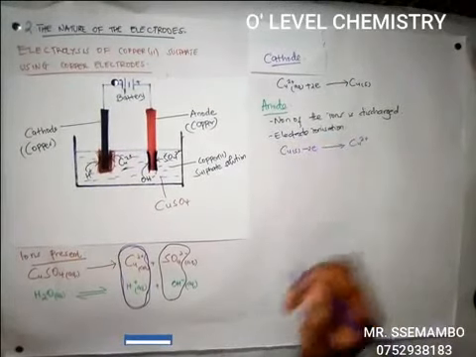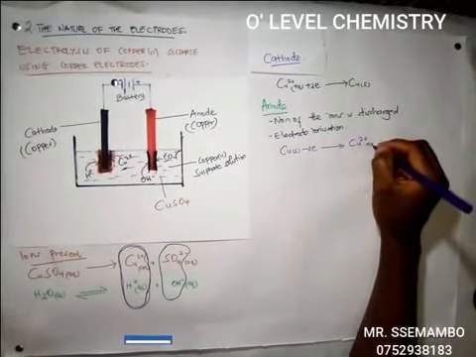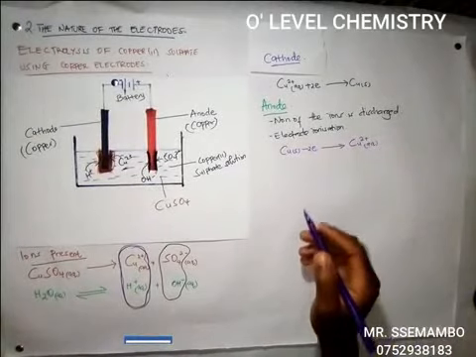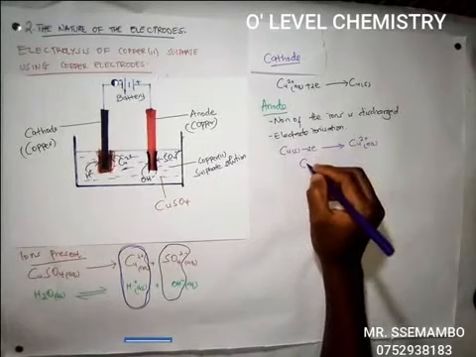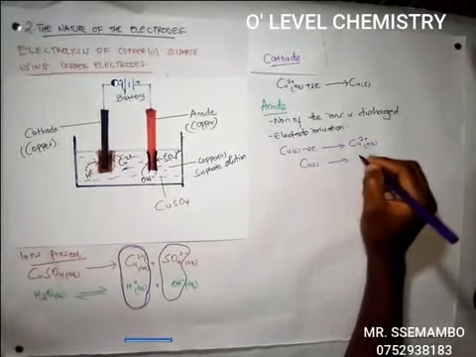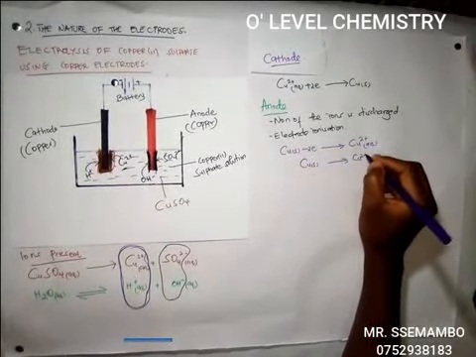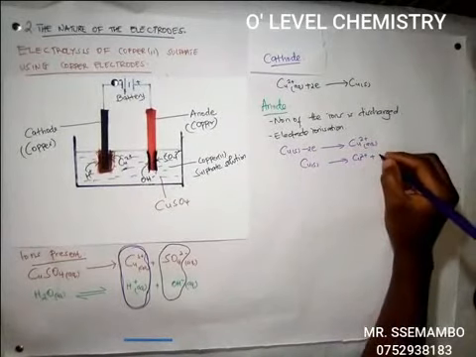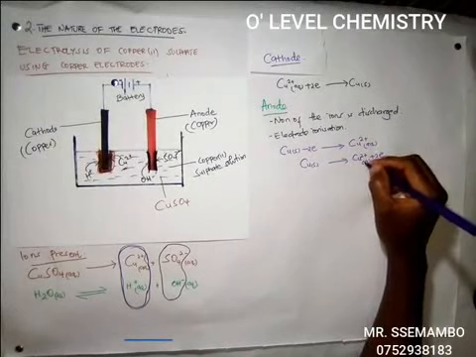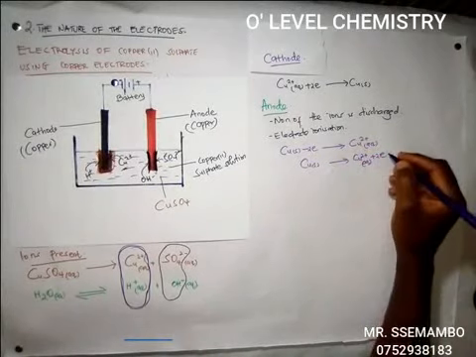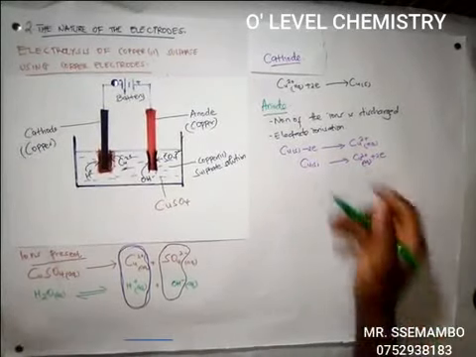So it loses 2 electrons to become copper II ions, aqueous. But I told you before that it is not right to write a negative sign into the equation. So write copper solid forming copper II ions, then plus 2 electrons. So this is the equation at the anode.